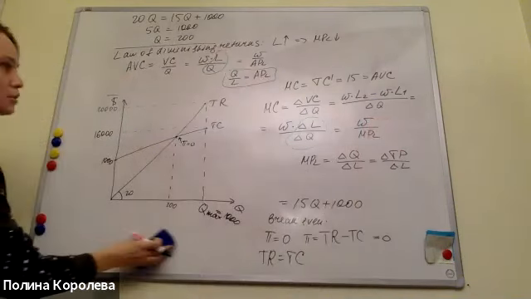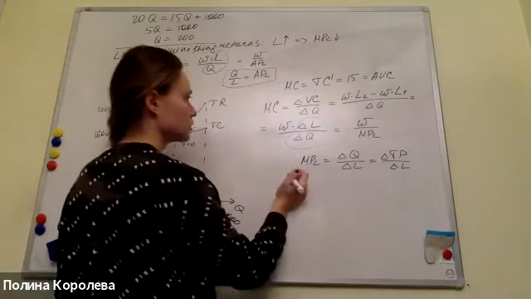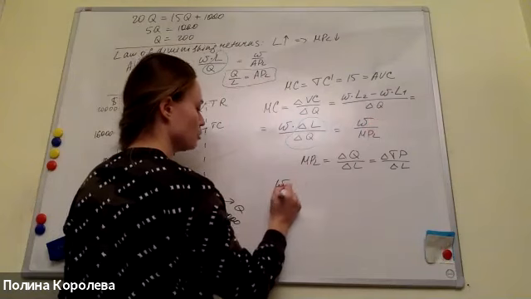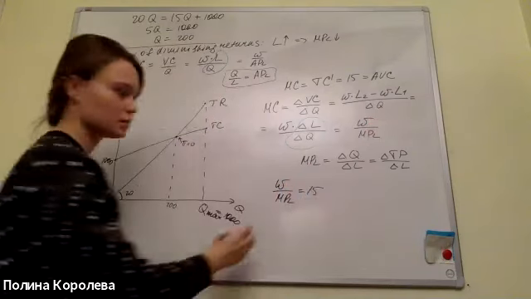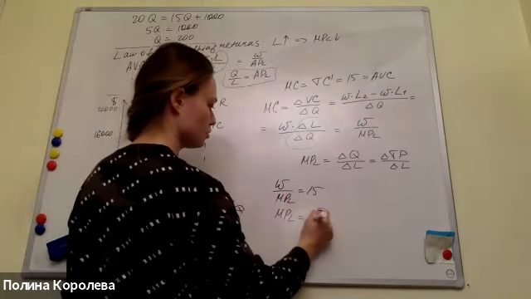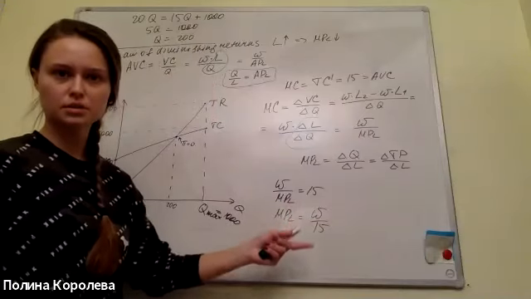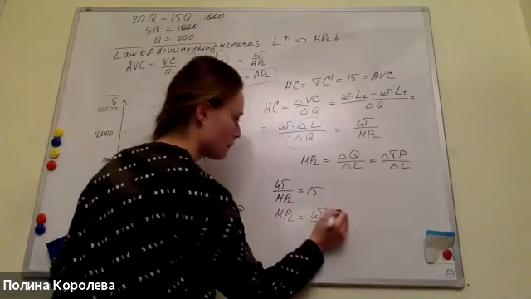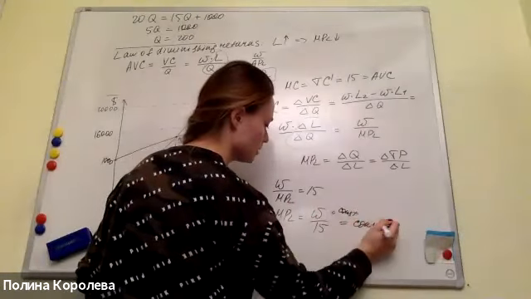So now we can make a conclusion. In our task, wage over marginal product of labor equals 15. Yes. So marginal product of labor equals how much? Wage over 15. Yes. And it's constant. Wage is constant. So everything is constant.